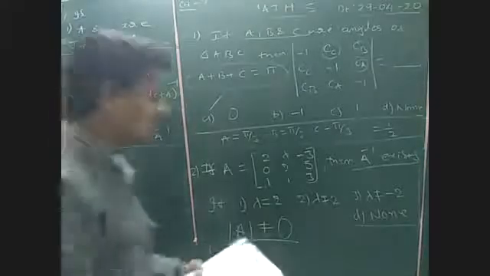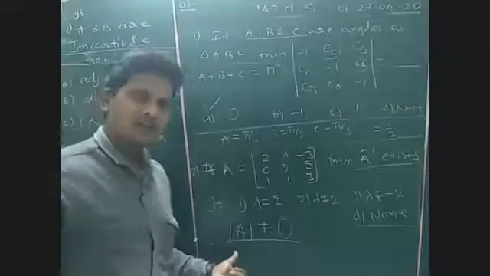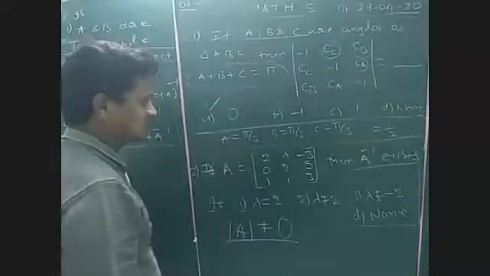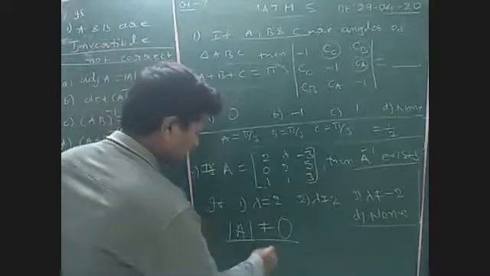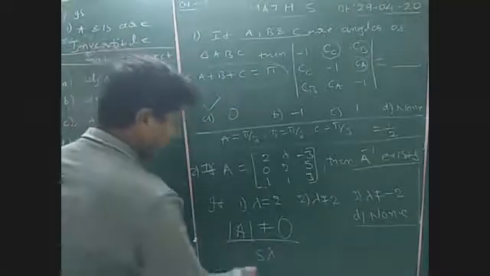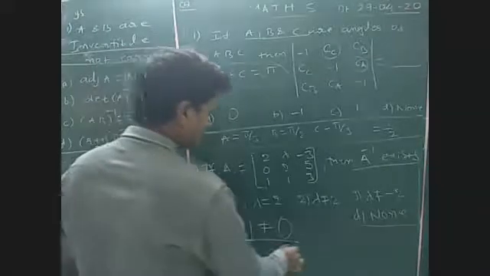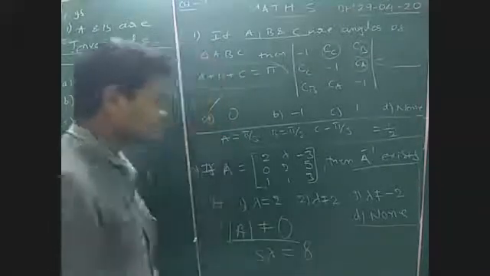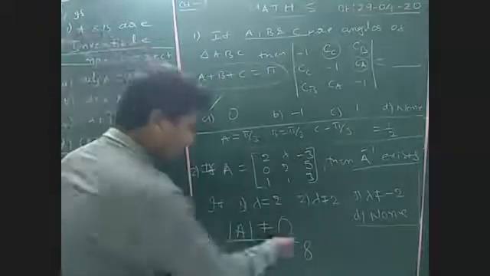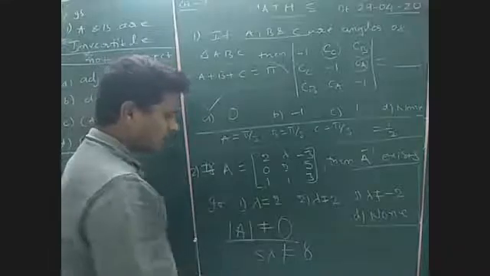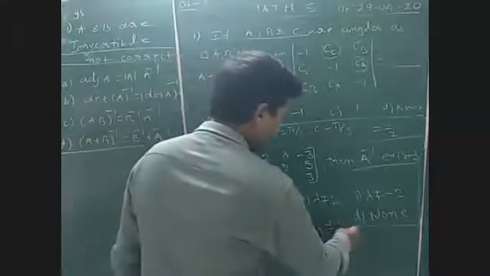What is lambda value you are getting? Minus 5 lambda or plus 5 lambda is equal to, I think, 8. 5 lambda not equal to 8 means lambda not equal to 8 by 5.